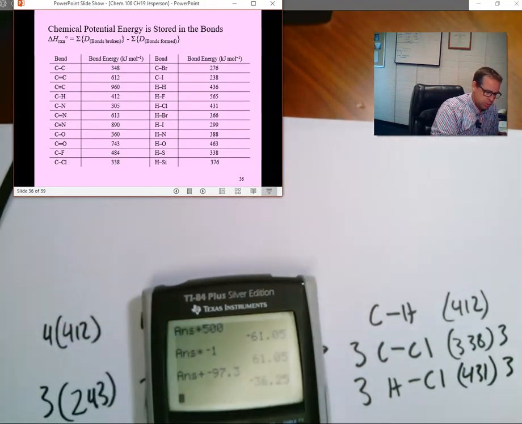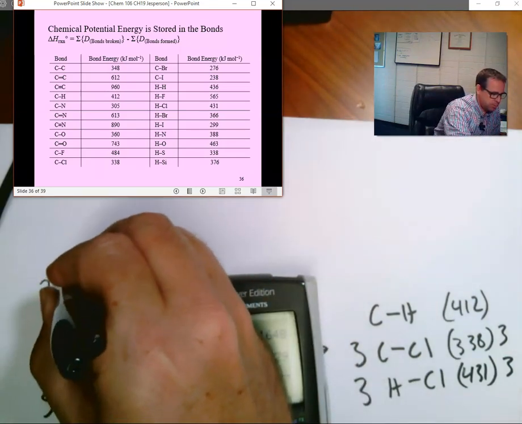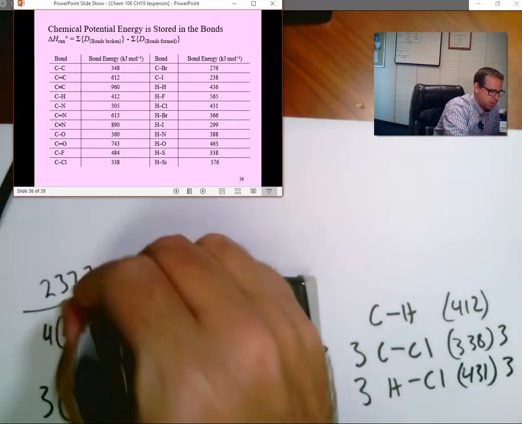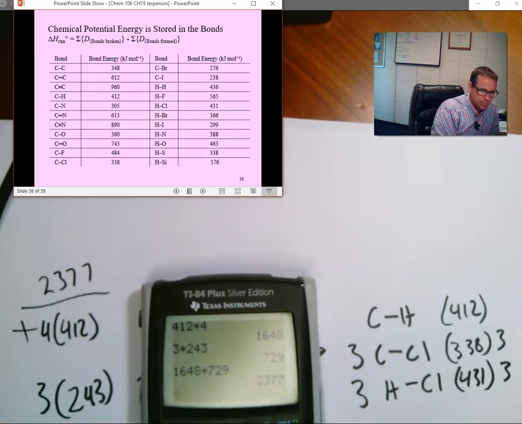But I'll do this first over here. 412 times 4. 3 times 243, and then we'll take this value plus that value, 2,377. Okay, that's the energy on my reactant side.